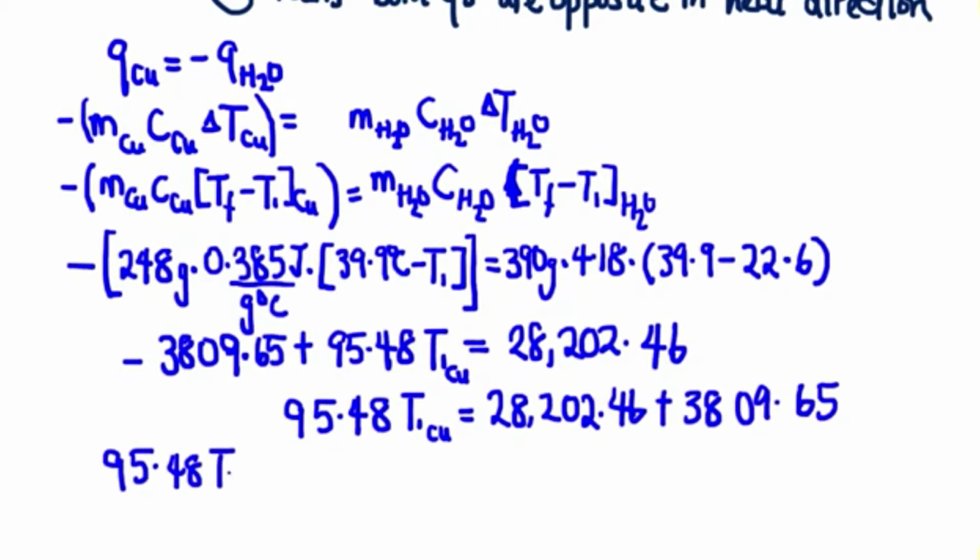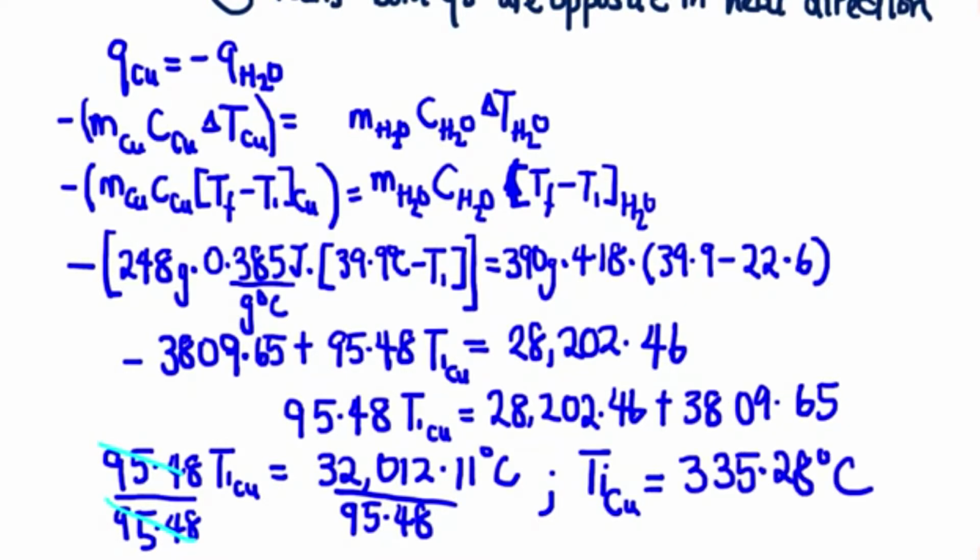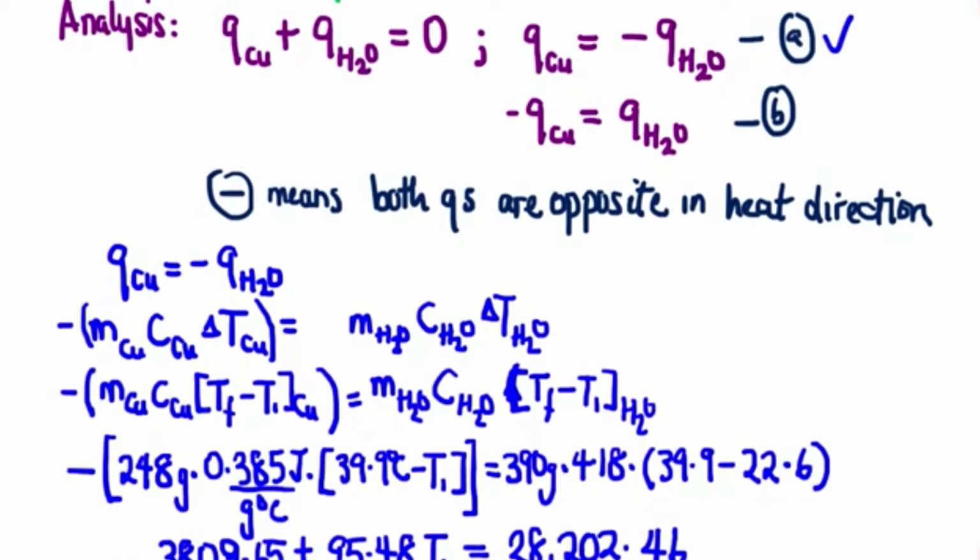Then when you divide both sides by 95.48, we get the initial temperature to be 335.28 degrees Celsius.